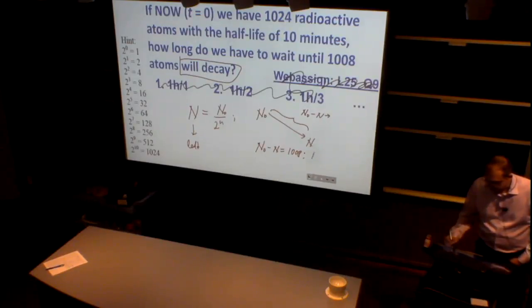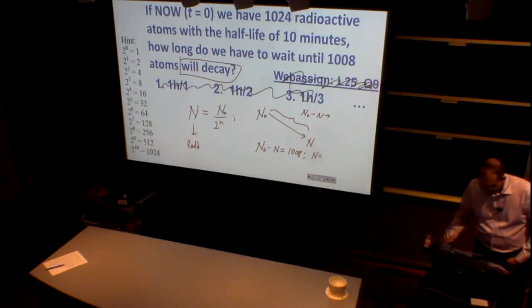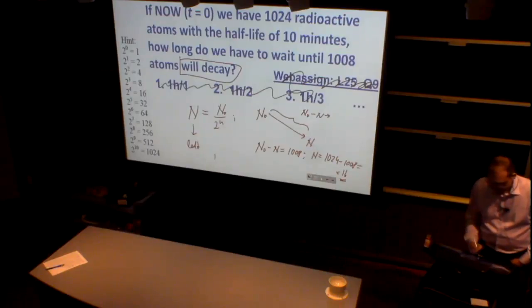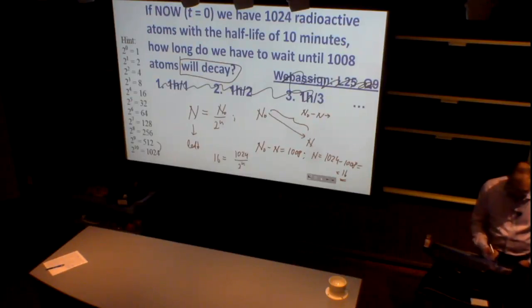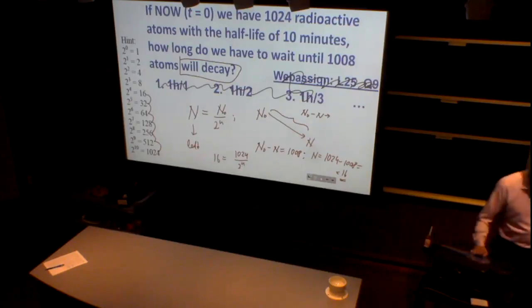Now we can find how many remain. This will be equal to 1024 minus 1008, 16. And now we can write an equation. 16 equals 1024 over 2 to the nth. Or we can count 1, 2, 3, 4, 5, 6. 6 half-lives.